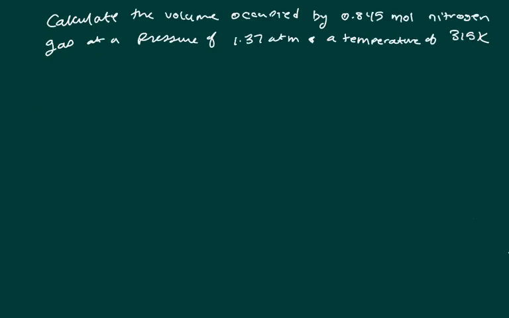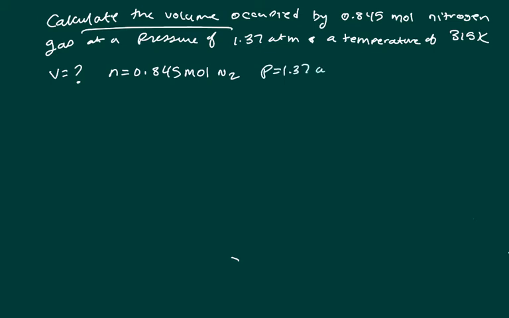Okay, let us see how we can use the ideal gas law. Calculate the volume occupied by 0.845 moles of nitrogen gas at a pressure of 1.37 atm and a temperature of 315 Kelvin. Okay, so let's collect our information. We want to calculate the volume, so we don't know what that is, and we have 0.845 moles of nitrogen gas at a pressure of 1.37 atm and a temperature of 315 Kelvin.